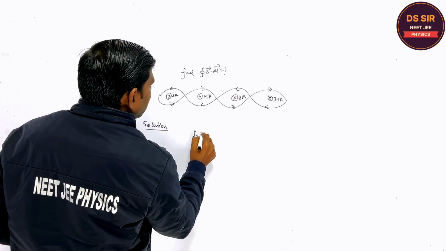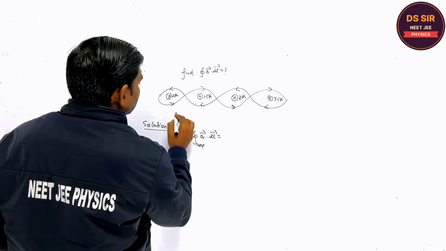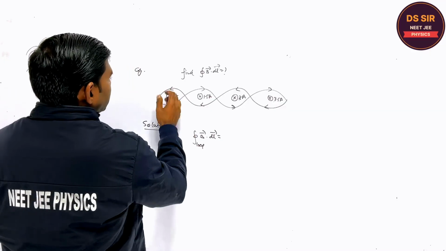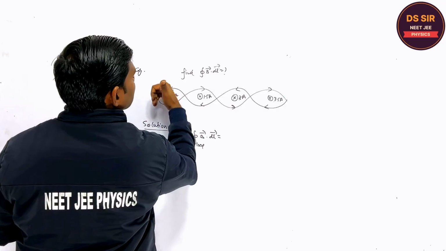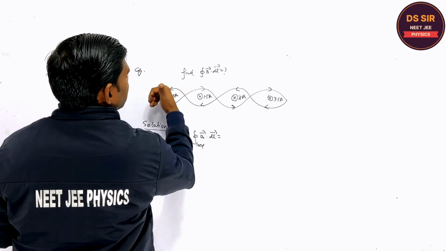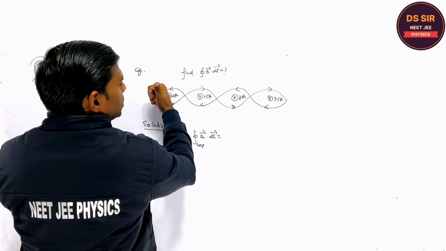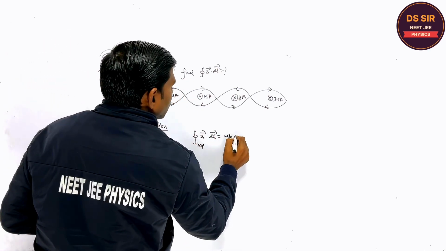Integration of B dot dl for this given loop, right? Suppose this is the loop. This is out of the board orientation, please tell. Yes. So this is, tell me, minus. So this direction is positive, but the current is into the board, right?